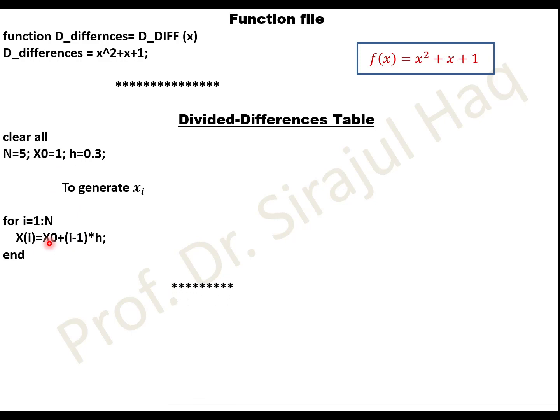We take i is equal to 2. x2 is equal to x naught plus h. X naught plus h is 1.3, so this is the 1.3 which you will get. i is equal to 3: x3 is equal to x naught plus 2h, which will give you 1.6.